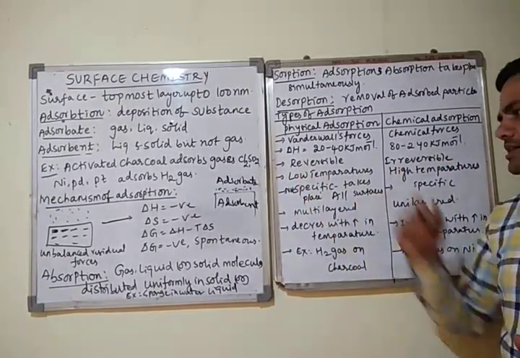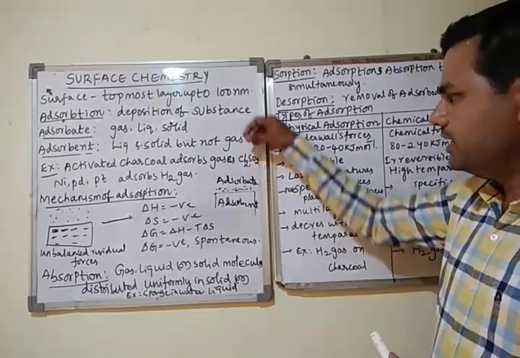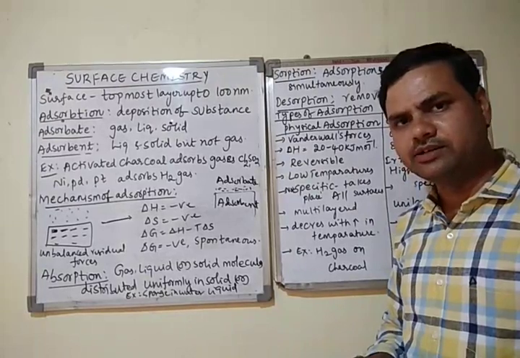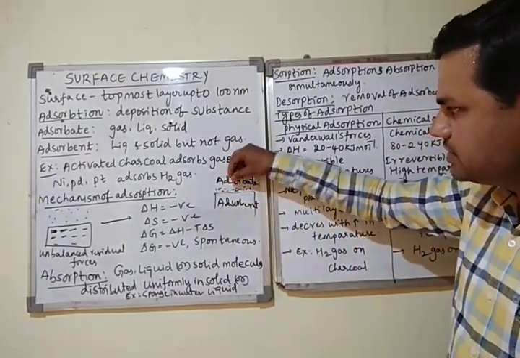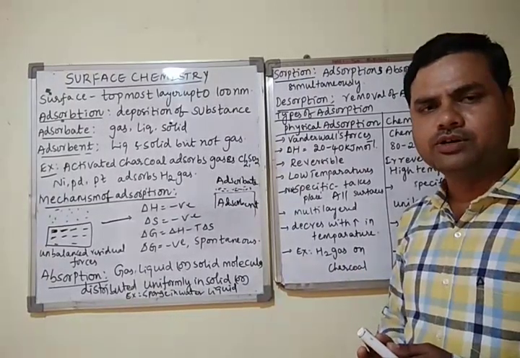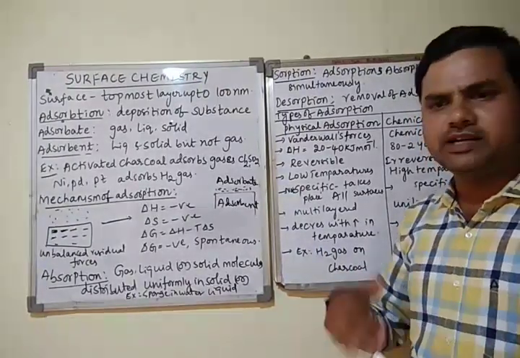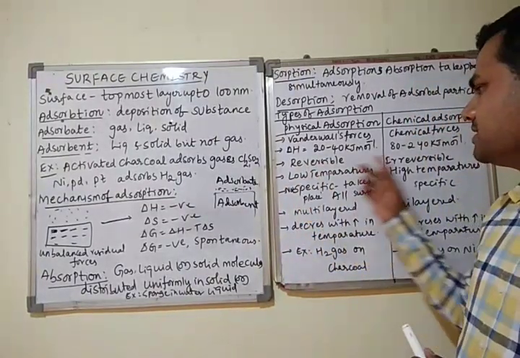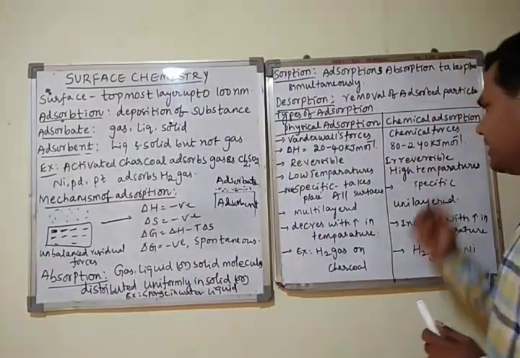Third one: physical adsorption is reversible. Why? Because you can easily deposit adsorbate particles on the surface of the adsorbent, and desorption also takes place easily. Both processes take place in both directions, therefore it is a reversible process. Chemical adsorption is irreversible.